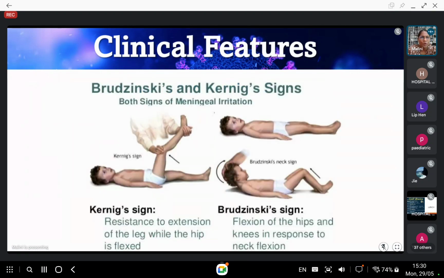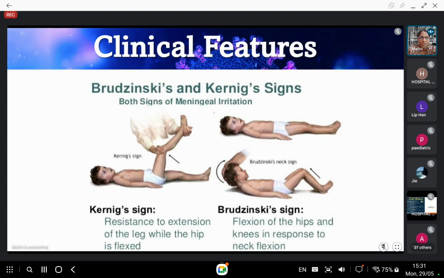I think the two important signs to elicit meningeal irritation are the Brudzinski and Kernig signs. If you haven't been doing it, it's actually just having the child lie flat. In Kernig's, you flex the hip and then extend the knee, and the child will have resistance.